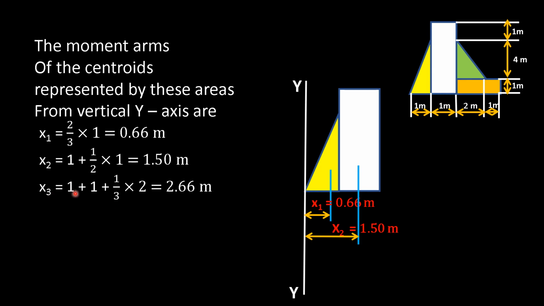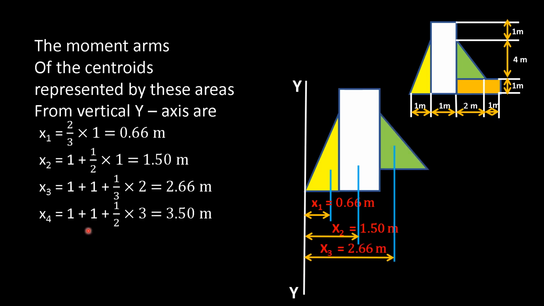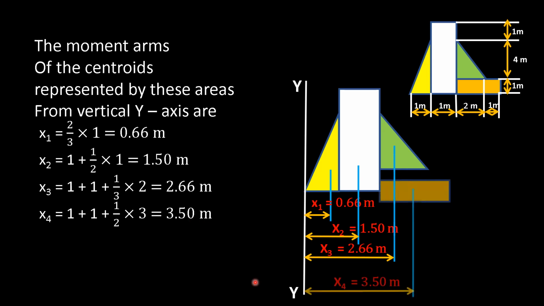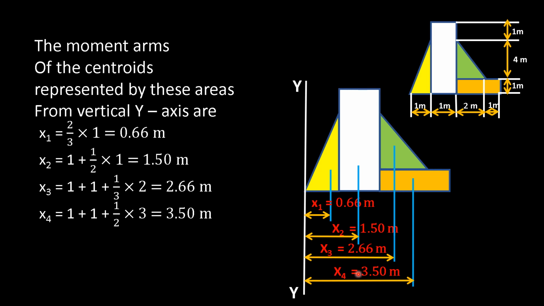X3 equals 1 plus 1 plus 1/3 multiplied by 2 equals 2.66 meter, which is this. X4 equals 1 plus 1 plus half multiplied by 3, which is 3.50 meter. X4 is 3.50 meter.